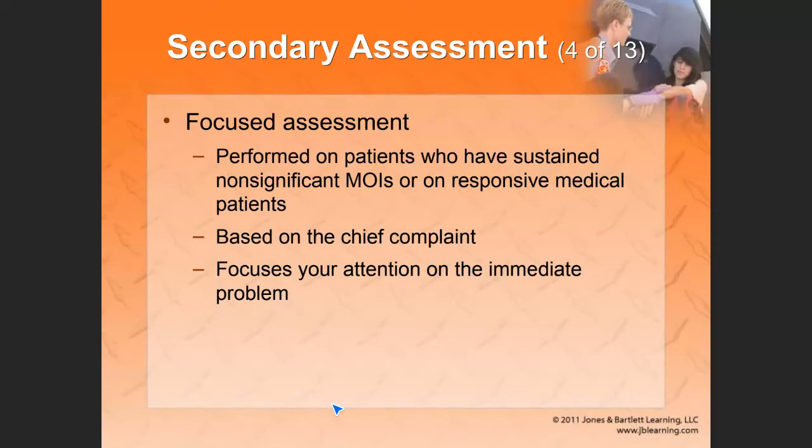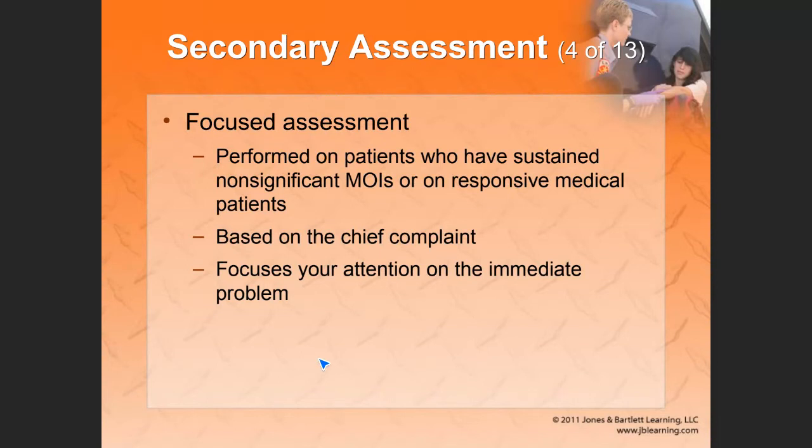Perform on patients who have sustained non-significant MOIs or a responsive medical patient. So if the patient can talk to you and it's a trauma patient and the injury is isolated, then we do a focused assessment. If the patient is a responsive medical patient, we focus on the patient's chief complaint.